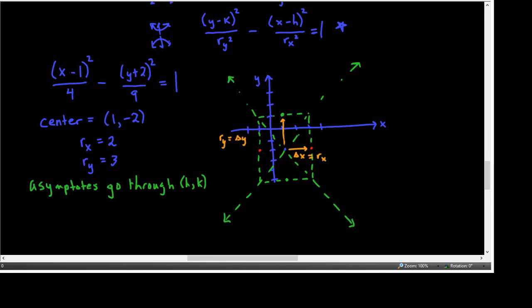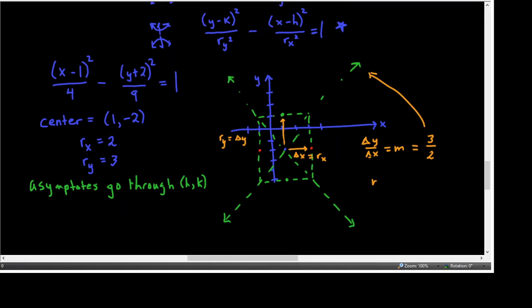Well, if we wanted to write the equation of a line, aren't the change of y and the change of x essential to writing the equation of the line? Yeah, that's the slope of the line. So we went up r sub y and right r sub x, and so the slope of the line that goes up and to the right is, in this problem, 3, our change in y, over 2, which is our change in x. That's the slope of this line right here.